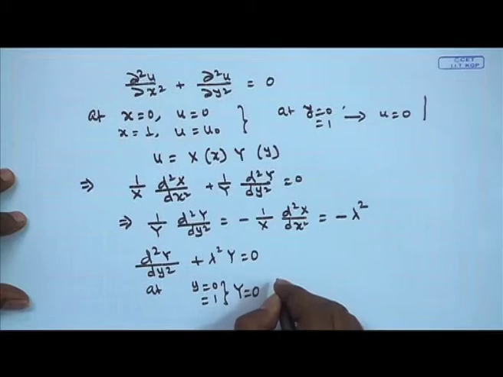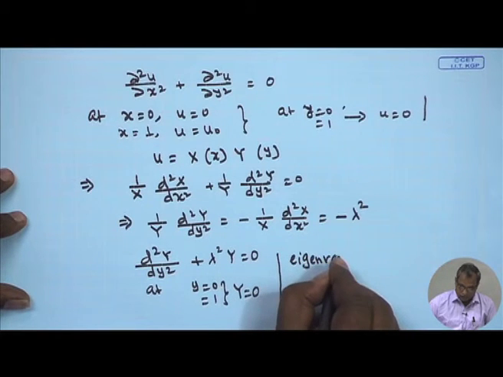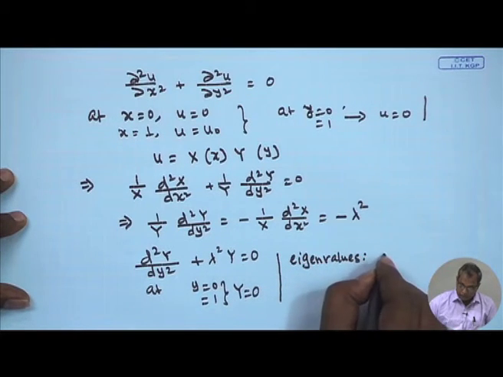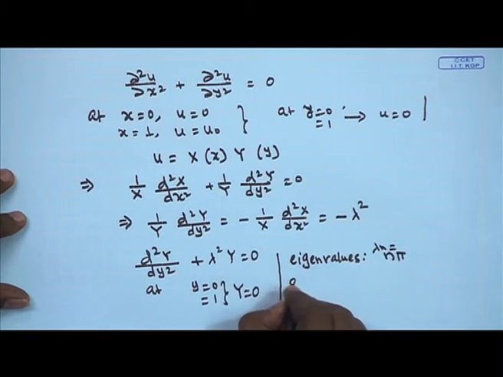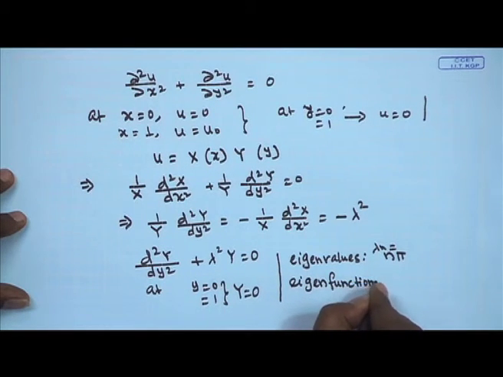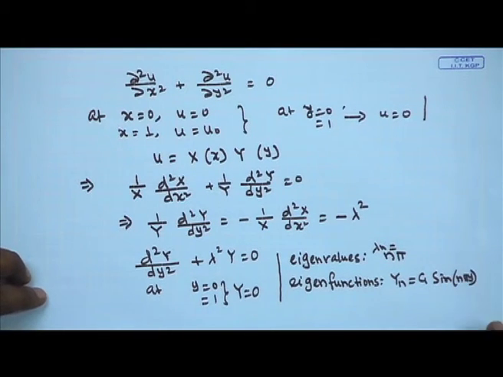We know the solution of this problem: the eigenvalues are λn = nπ and the eigenfunctions are Yn = c1 sin(nπy). Now, let us look into the x varying part.